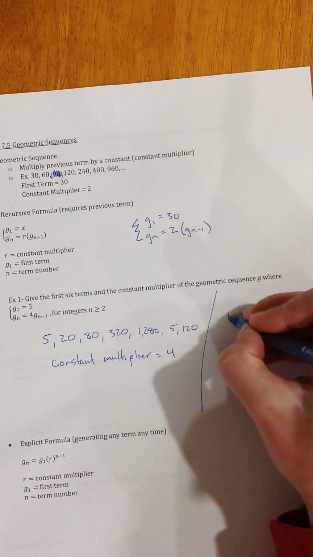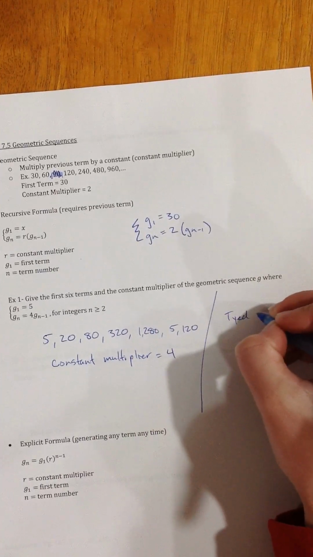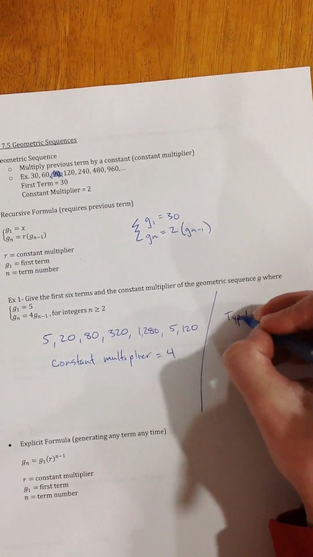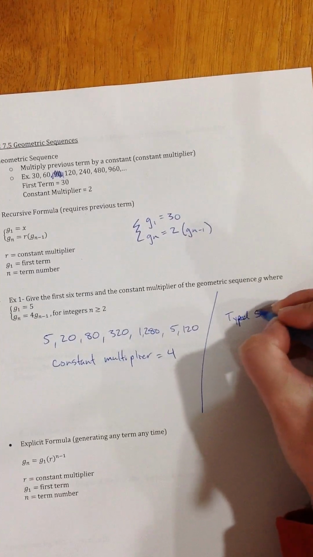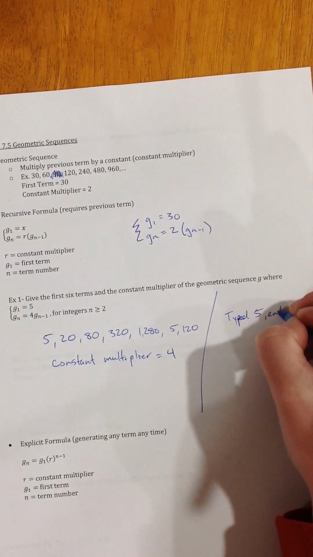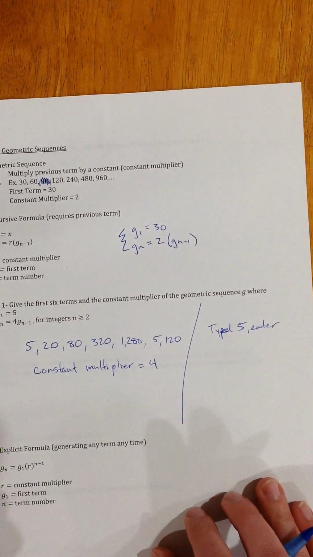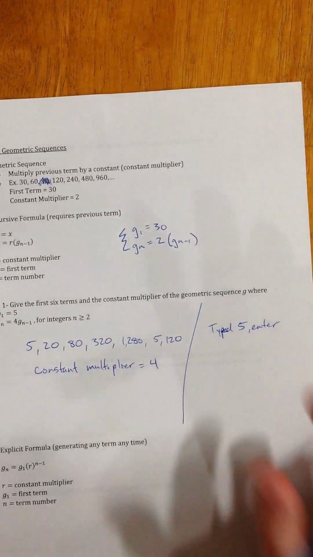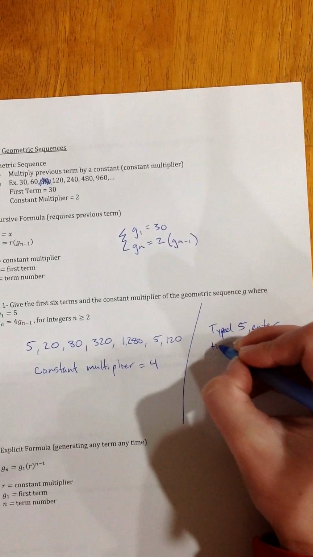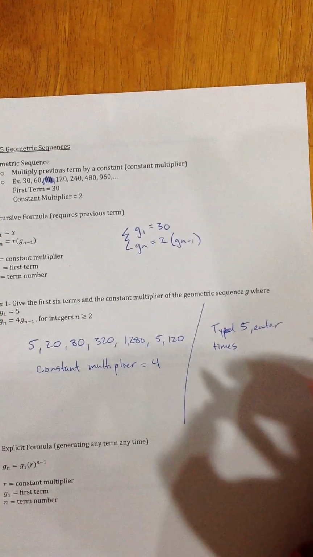And if you want the steps that I said for the calculator, basically what I did is, let's draw a line here, I typed in 5, then I hit enter, and after I hit enter, the enter's the important thing, you want to hit times whatever your constant multiplier is.